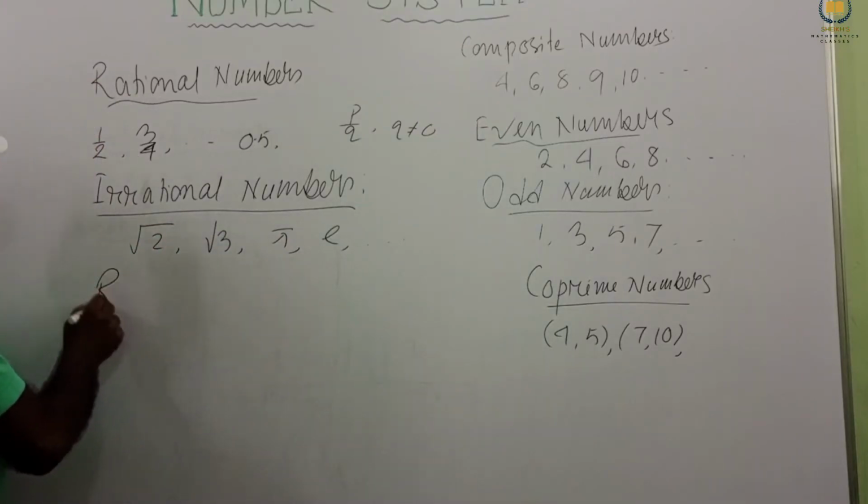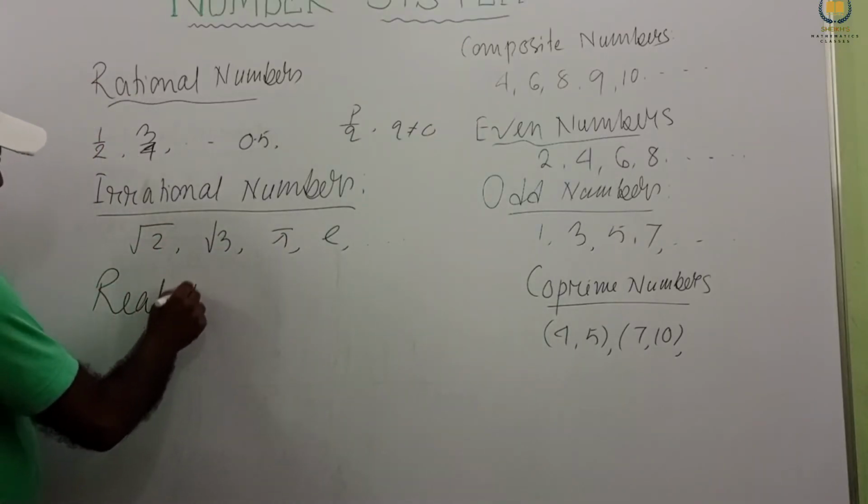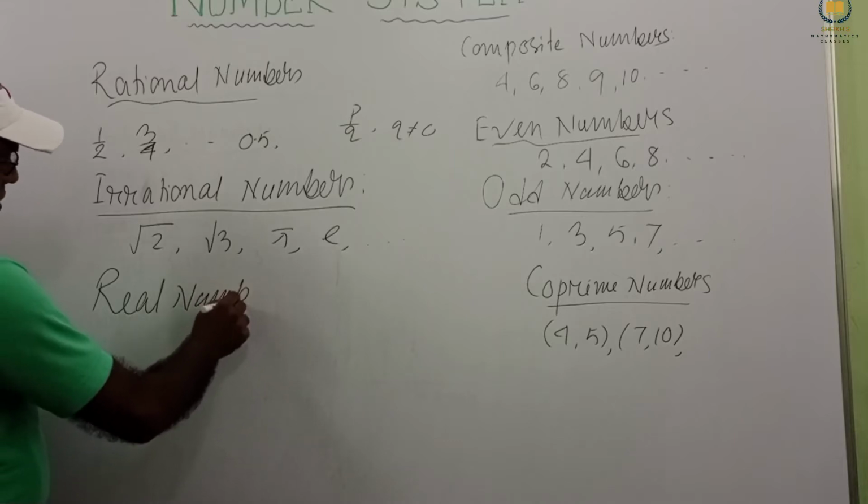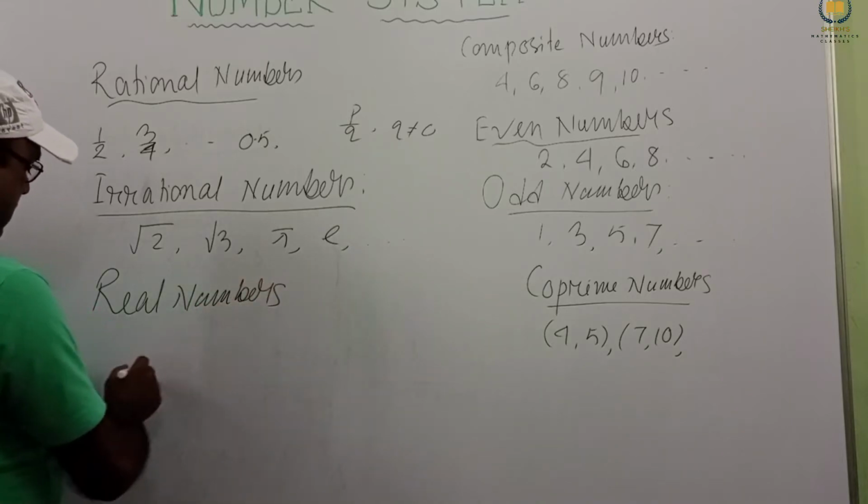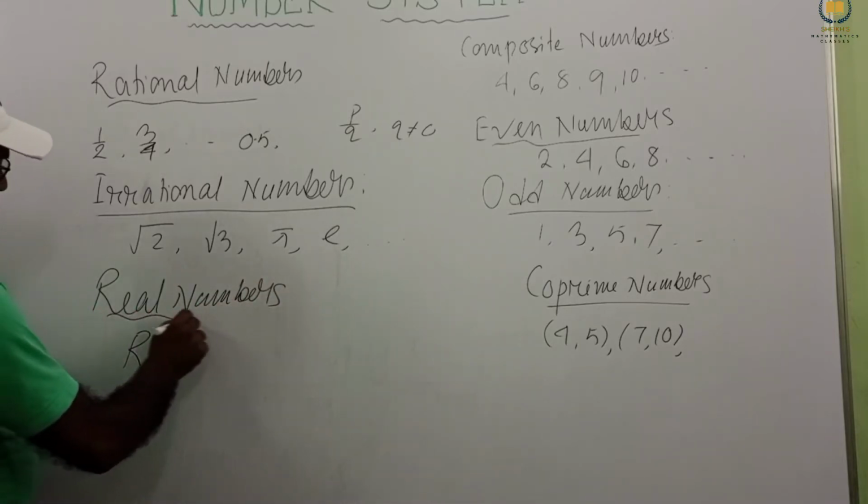Real numbers: this is the set R we represent.